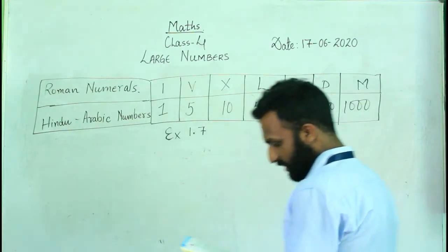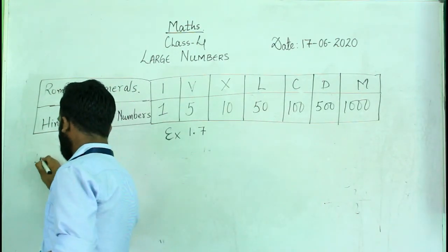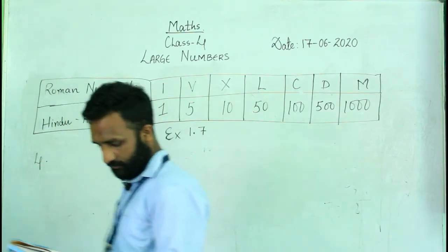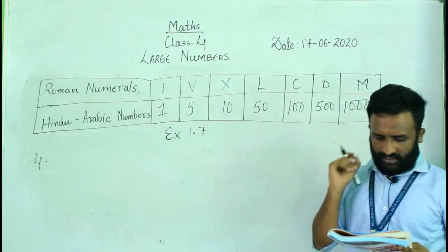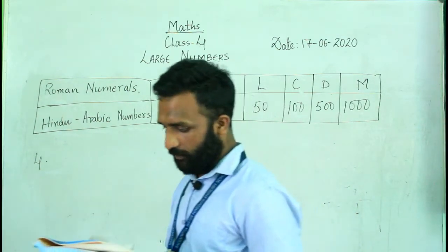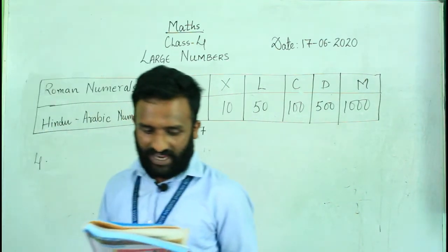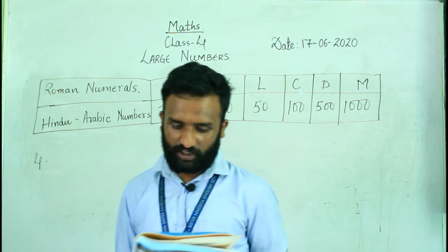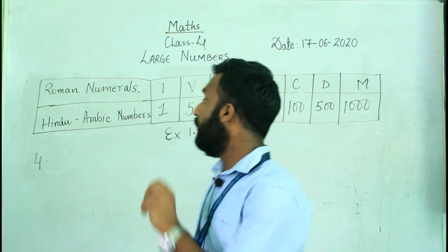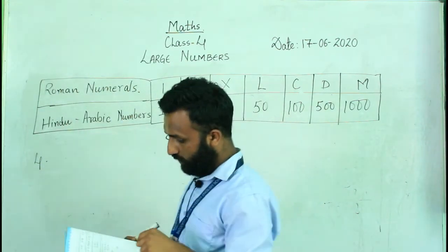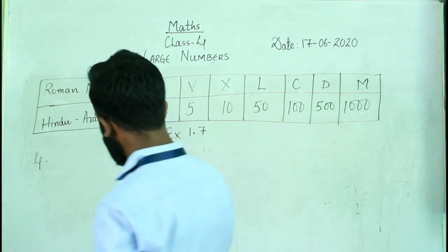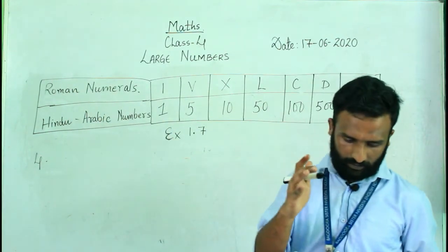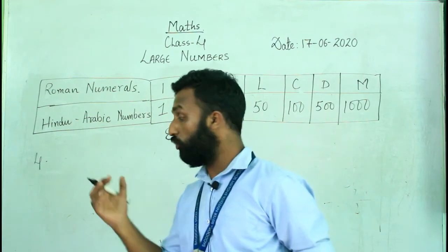The last one we have here is question number 4 from this exercise. Change the Hindu Arabic numbers into Roman numerals and find the difference. Write the answer in Roman numerals. In this question you have to find the difference. The question is given in Hindu Arabic numbers, and you have to do it in Roman numbers.